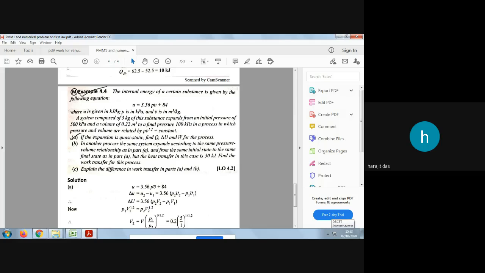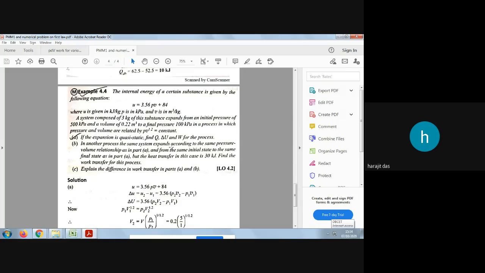So P1, V1 is given, and P2 is given. Volume is not given, but it is said that pressure and volume are related by the formula PV to the power 1.2 equals constant. V2 is not given, but the pressure is related to the volume by this expression. What we need to find out, if the expansion is quasi-static, is the total heat, delta U, the change in internal energy, and the work done for the process.